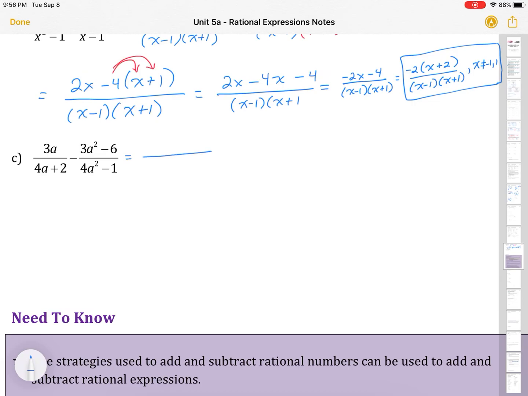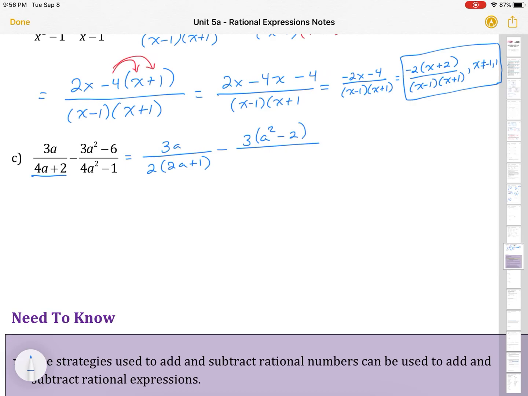Now here, we're going to factor both our denominators. I have 3a minus, I'm going to factor the top there in a second. So here I have 4a plus 2, so that would be 2 times 2a plus 1. I just factored out a 2 from both of these terms. On the top here, I'm going to factor out a 3, so I get a squared minus 2.